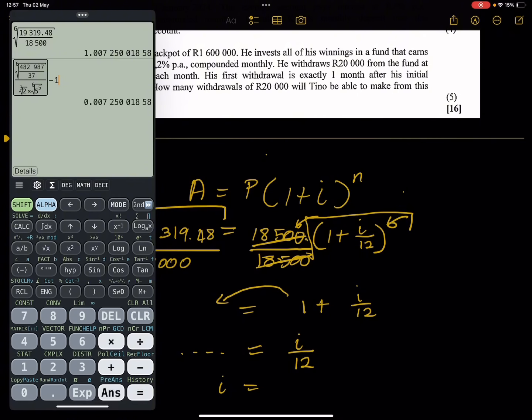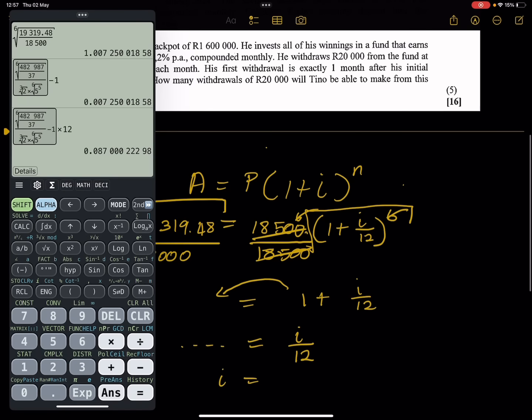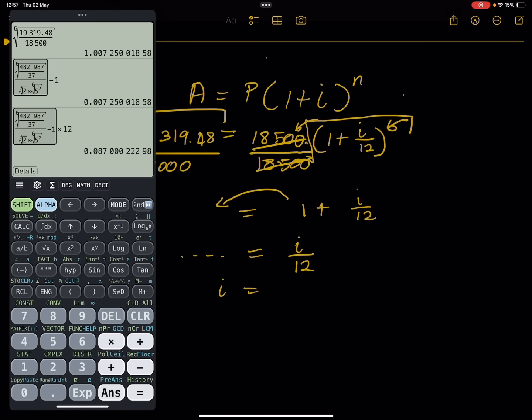And in this case, that gave us that answer. And we wanted to multiply that answer by 12. Yeah, I see that this is going to give me a bit of a problem. Yeah, let's multiply that by 12. Yes, there we go. So I get an answer of 0.087.